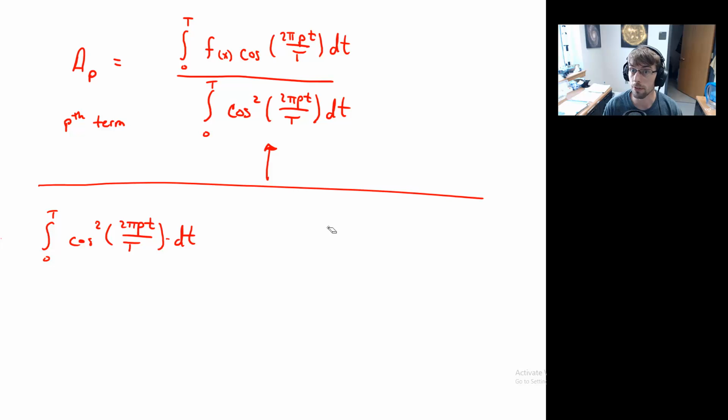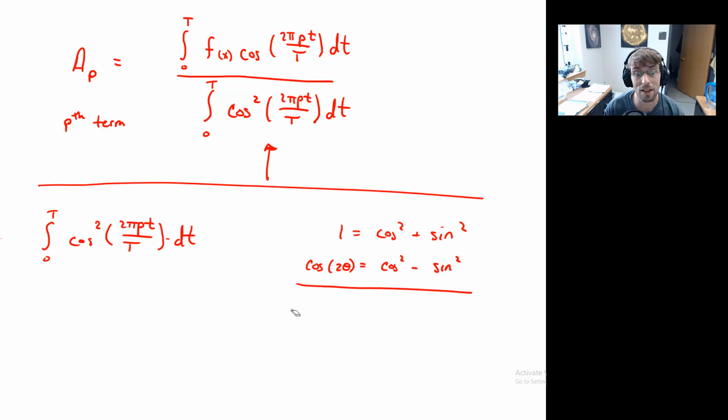You could go a couple different ways. I think maybe the easiest is remembering that 1 is equal to cosine squared plus sine squared, and then using our angle summation formula. Cosine of 2 theta is equal to cosine squared minus sine squared. And so if we do something like 1 minus the cosine of 2 theta, oh no, let's go 1 plus.